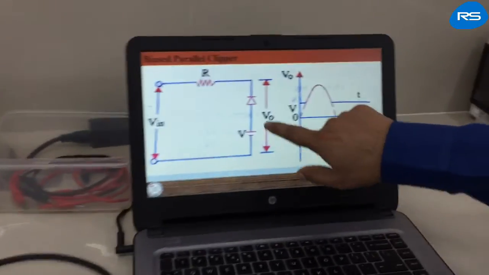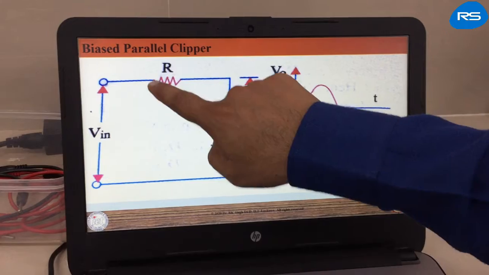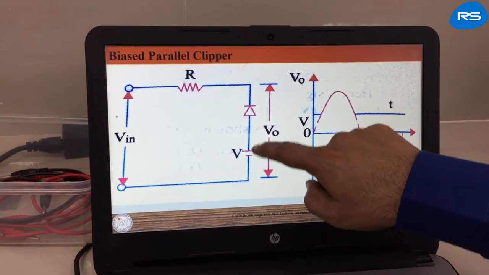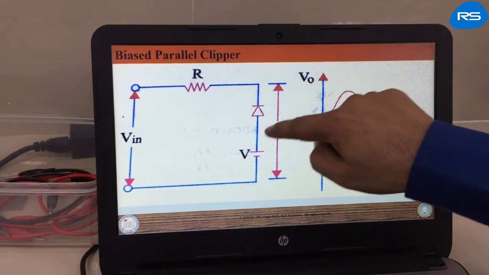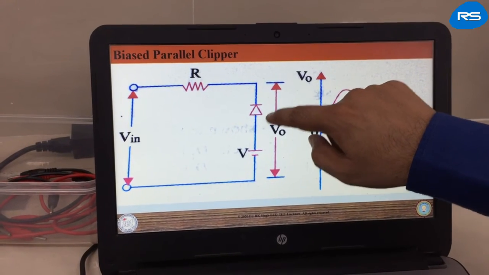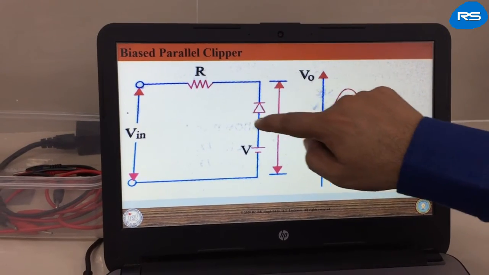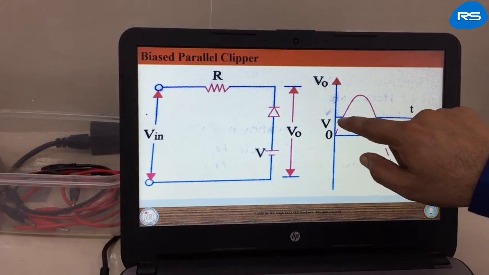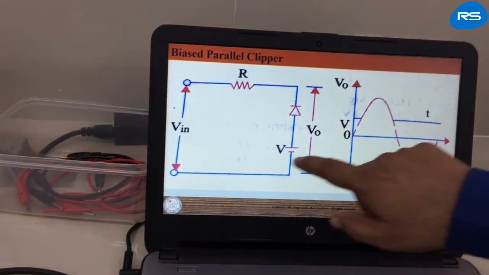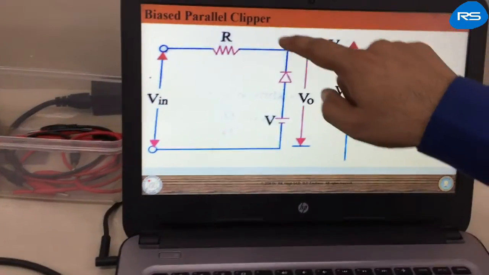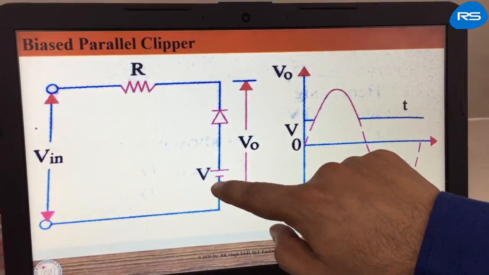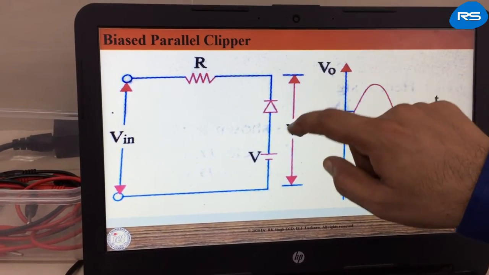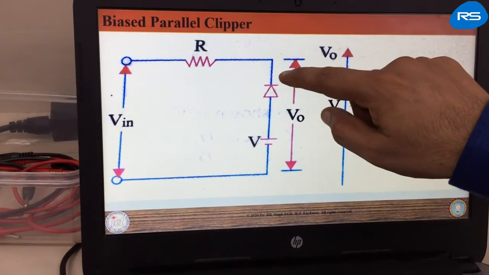In this circuit, when Vin is less than this bias voltage V, the diode remains in forward bias and it is turned on, so we get output equal to V. As soon as Vin is greater than this bias voltage, the diode comes into reverse bias and it is turned off.